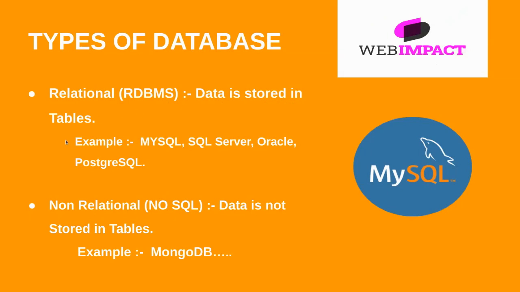Examples of relational databases are MySQL, SQL Server, Oracle, PostgreSQL, and so on. The other type is non-relational, also known as NoSQL, which means data is not stored in tables. An example of a non-relational database is MongoDB, and so on.